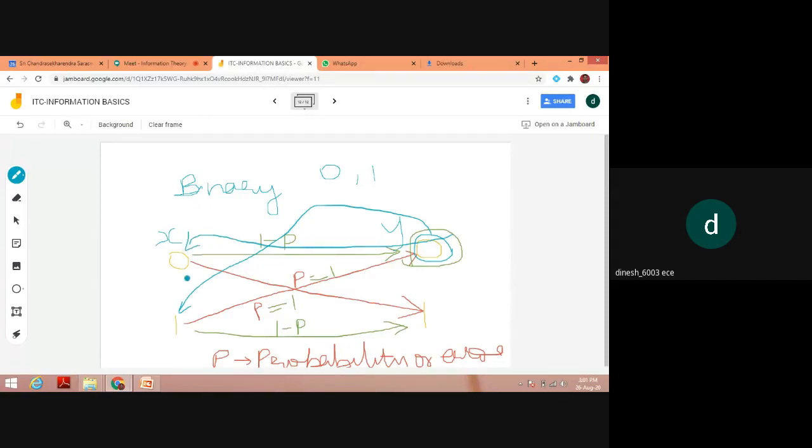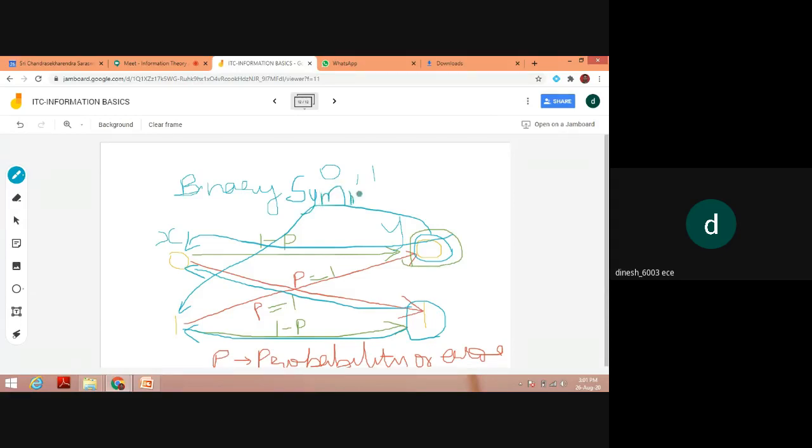This is your corresponding inputs for 0. Similarly, for 1, this is also dependent upon this 0 state and this 1 state. So if the outputs are dependent on the inputs only, then we call this type of channel as symmetric.